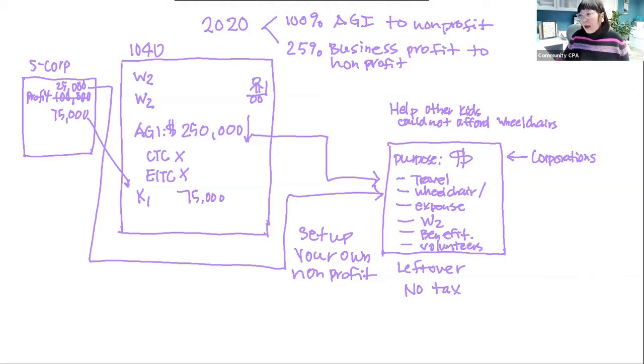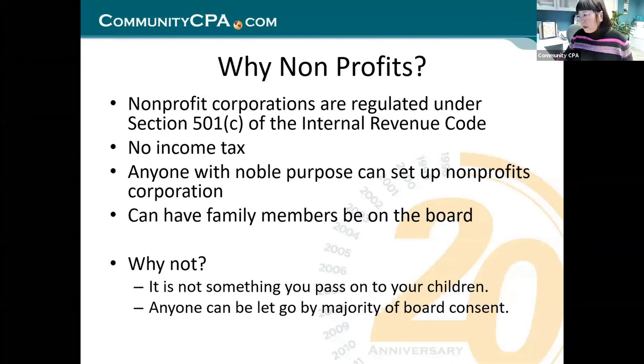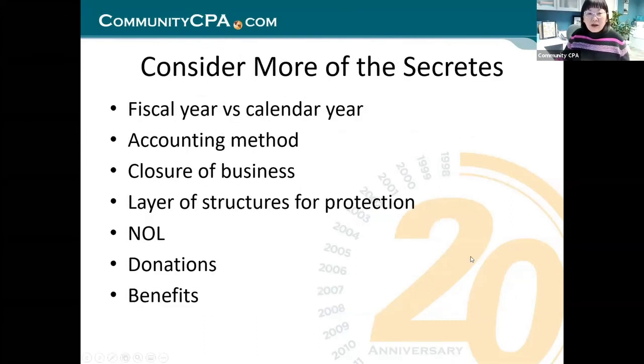Okay, now I have my last slides. Oh my goodness, we're going over time. I'm just going to do the last slides really quickly. Just very quickly, consider more of the secret, which is fiscal year versus calendar year. This is another layer of consideration.